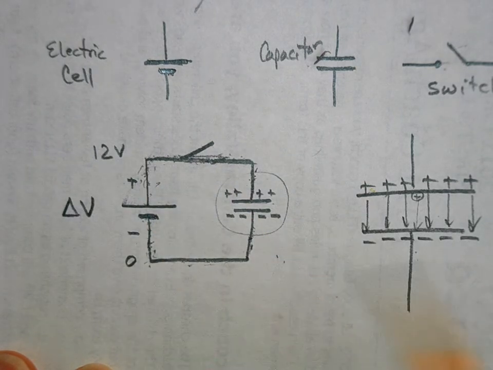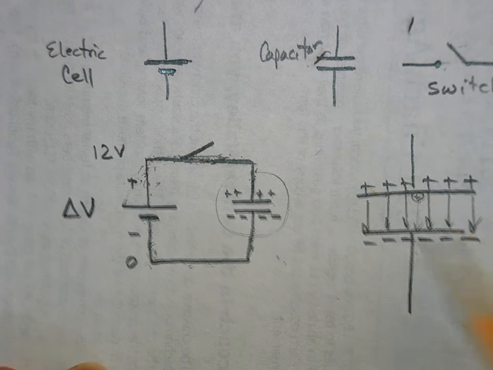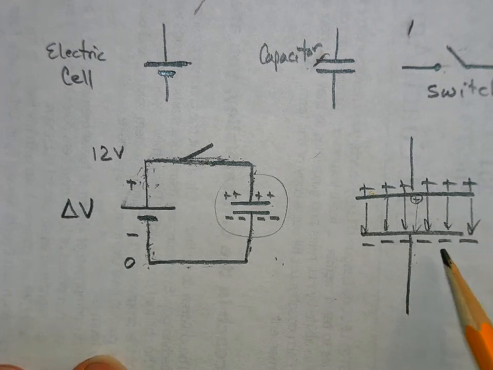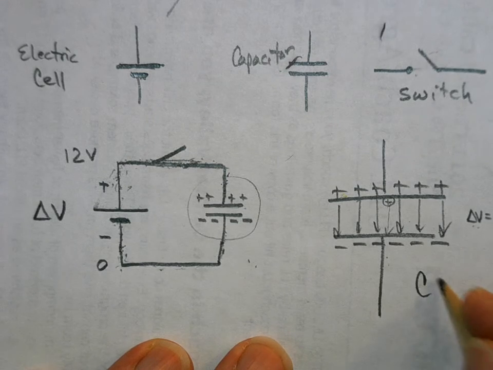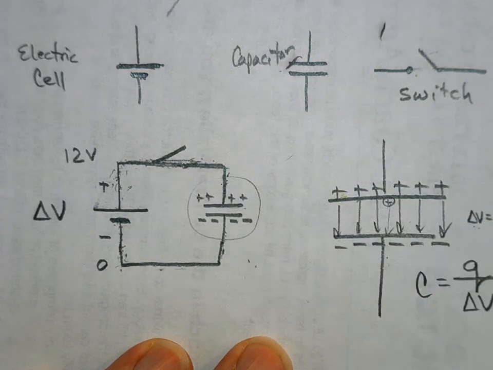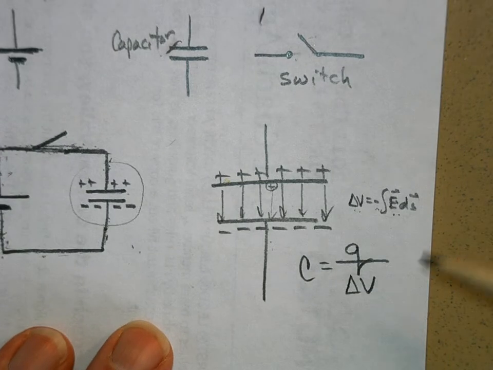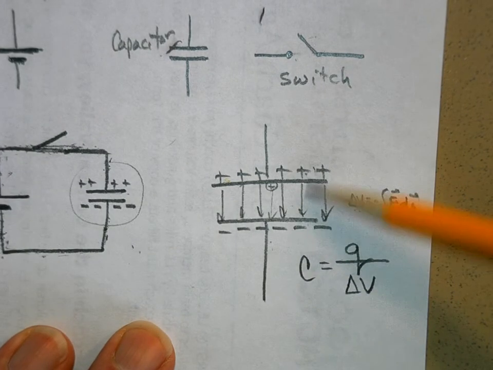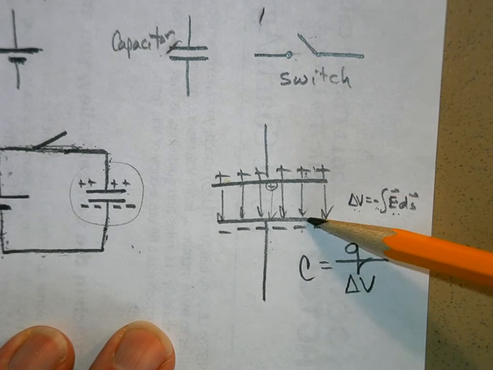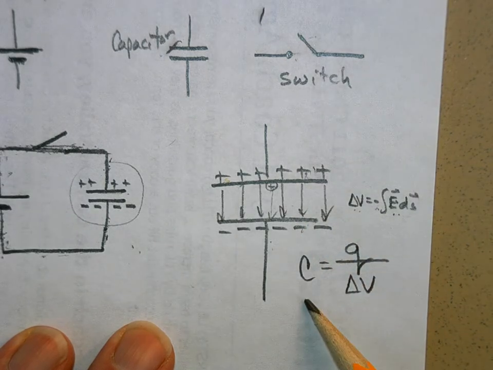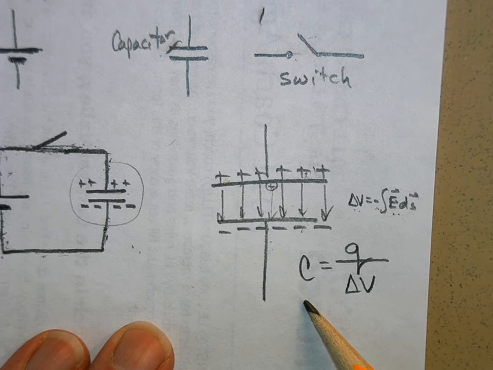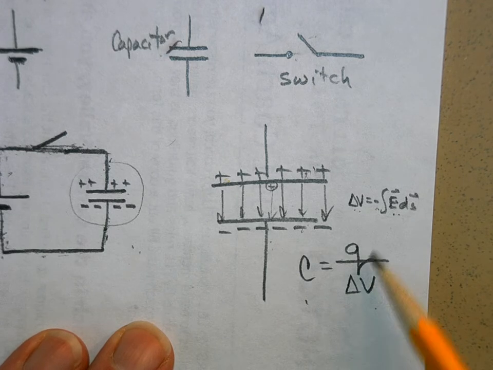So now, how much charge is here? Well, this is related by the equation for capacitance. Capacitance is equal to charge over delta V. Well, we know what delta V needs to be. What does delta V need to be for the example I'm doing here? It needs to be 12 volts. Now, if you were given the capacitance and you know it's got to be 12 volts, you can solve for the charge that's stored on the positive plate.